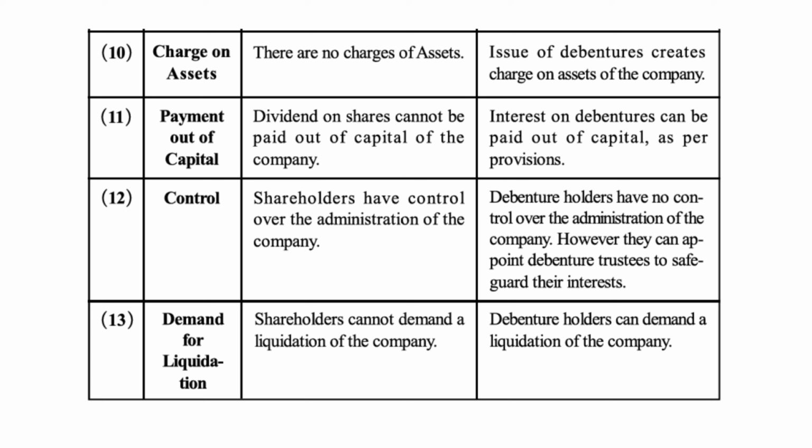But other than these assets, if they want to take any other decision about any other site, then debenture holders will not be asked. So debenture holders do not have any control over the management or administration of the company. Their control is only limited up to their own interest or the charged assets.